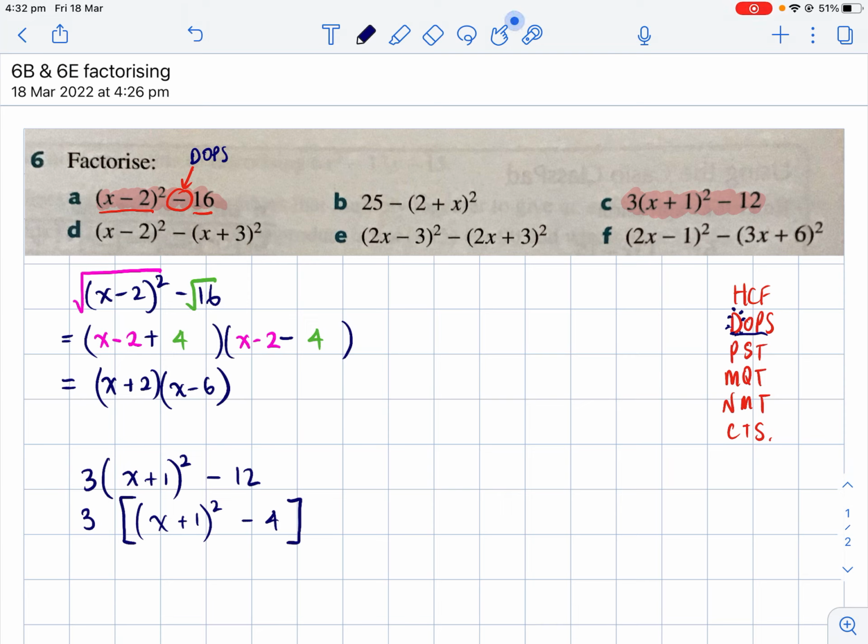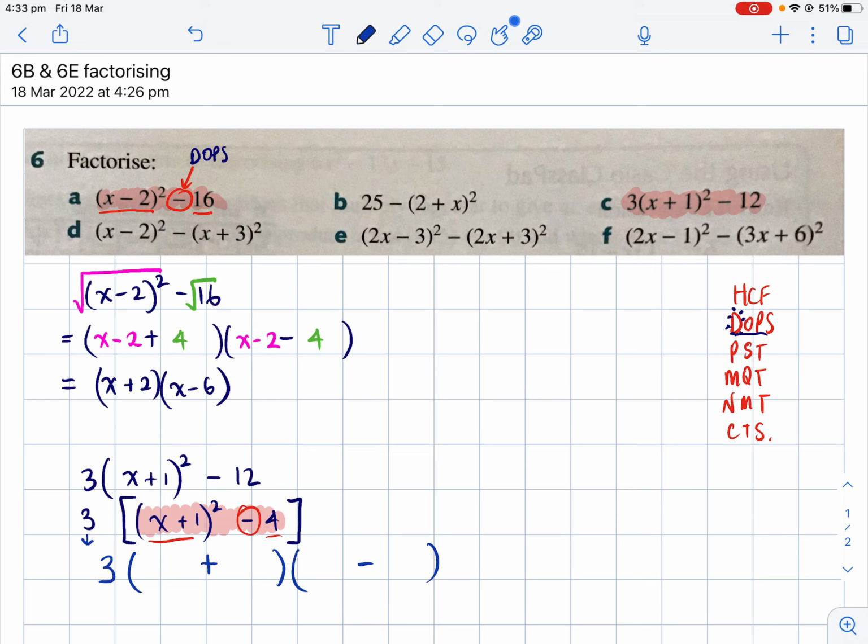Okay, reassess, reanalyse. What have I got going on now on the inside of my bracket? Well, I spot straight away that minus sign. And I have 2 terms. So it's a difference of perfect squares problem again. So I'm going to put, for the difference of perfect squares part, my 2 brackets. And I'm going to put a plus in the first one, a minus in the second one. And the only difference this time is I've got a 3 outside the whole thing.